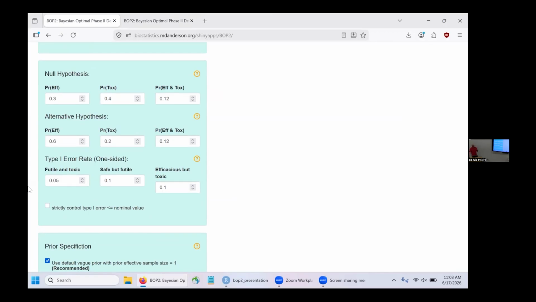The authors of the BOP2 TE paper, toxicity and efficacy, point out that essentially once you've controlled for 2 of them, the observed type 1 error rate for the third is going to be way smaller than you need it to be. So by limiting 2 of them to the desired rates, the third one in practice will just be very low. So don't be surprised if you see that in the simulations.